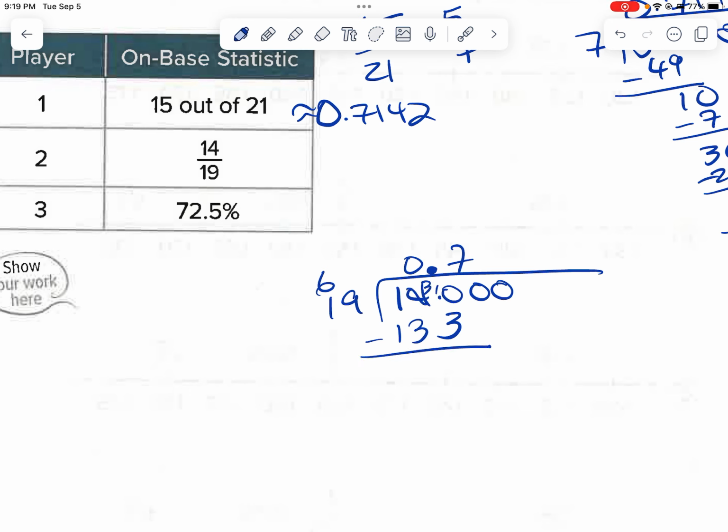I subtract, and I get 70. 20 goes into 70 how many times? It'll go in 3 times. So 3 times 9 is 27. 57. Bring down a 0.